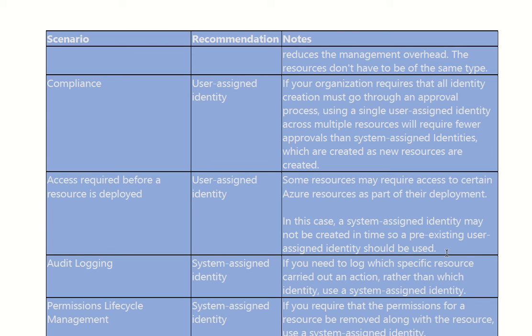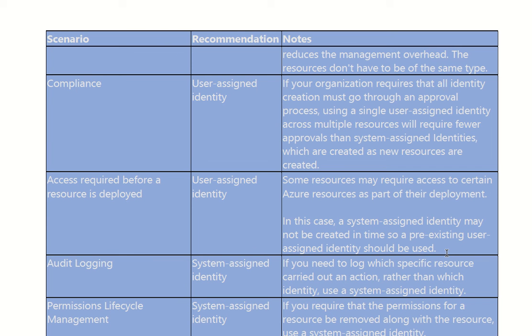Again, access required before a resource is deployed. There are some permissions which need to be in place in order to deploy that resource itself. It's a precondition. In such cases you should have a user assigned managed identity. One such example is a storage account. In order to create an app service which runs your web server, the user or the service must have some predefined RBAC permissions, role based access permissions, and that needs to be set up very early.